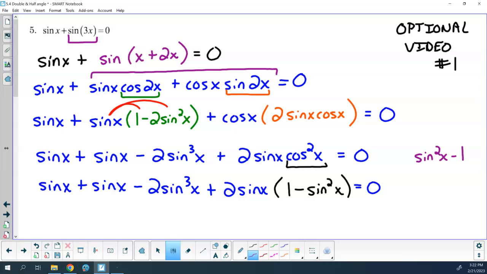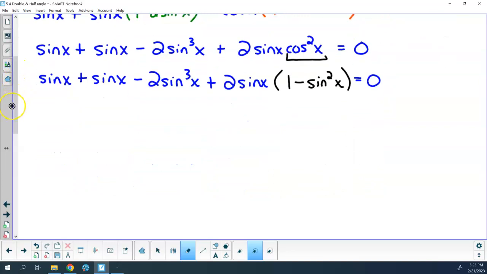And those two, black and purple, are not the same. This is actually negative cosine squared of x, not just regular cosine squared of x. So those identities are on their sheets for a reason. Okay? Back into it now.